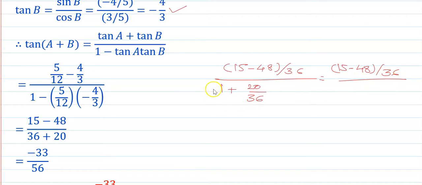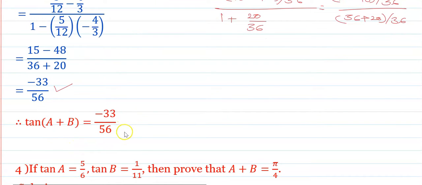Then you will get 36 plus 20 and this whole divided by 36. 36 gets cancelled and hence 36 plus 20 you will get 56. And 15 minus 48 you will get minus 33. Tan of A plus B is equal to minus 33 upon 56, and hence the result.